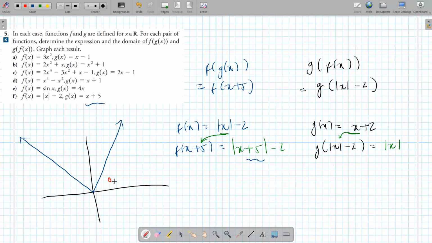So initially this started at 0, 0. This function, there's no stretches or anything going on. It's going to move it left 5 and down 2. So now it's going to start at -5 and -2. It looked the same, but it's just going to start at a different position like that. And there you go, that's a sketch. And the domain for this one, like everything else here, is also x is an element of the real numbers.